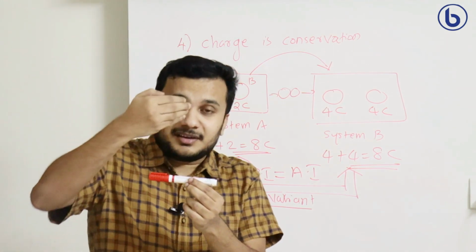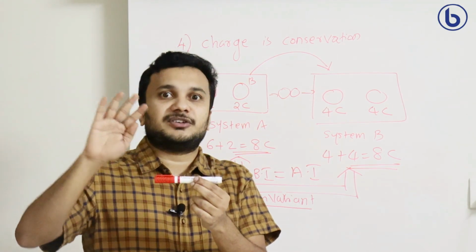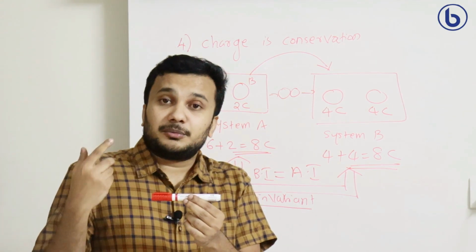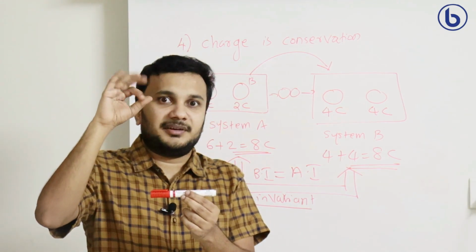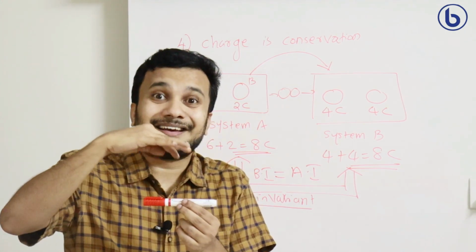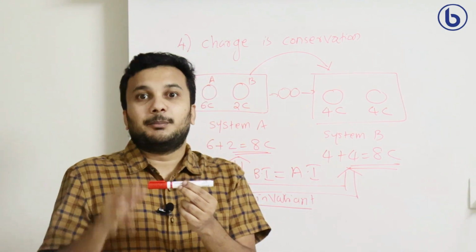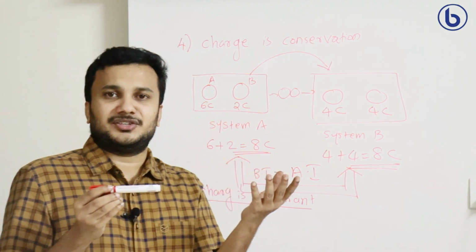Now the third example I am taking, the charges are moving but not with constant speed. If it is not moving with constant speed, then what will happen? Three things will happen. Electric field will be produced, magnetic field will be produced, and radiation will be produced. But any change in the number of charges? No change in the number of charges.